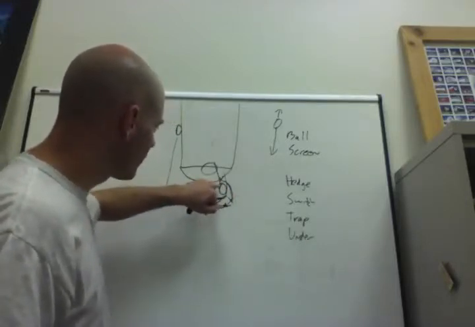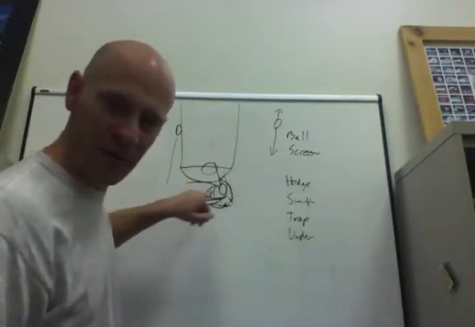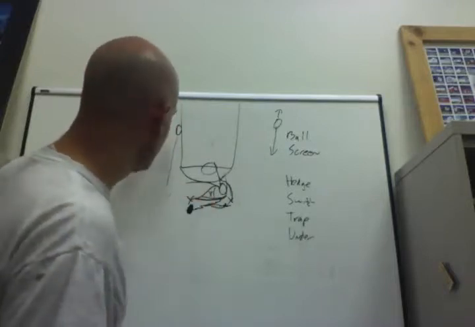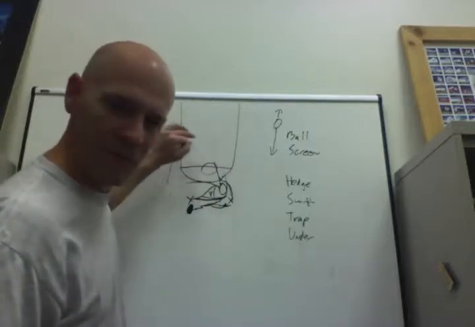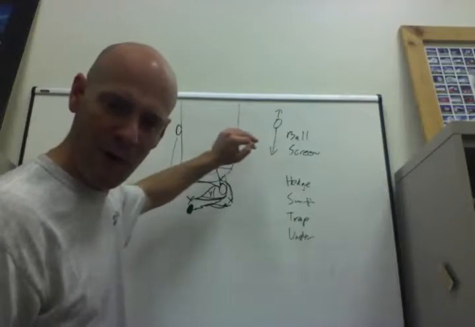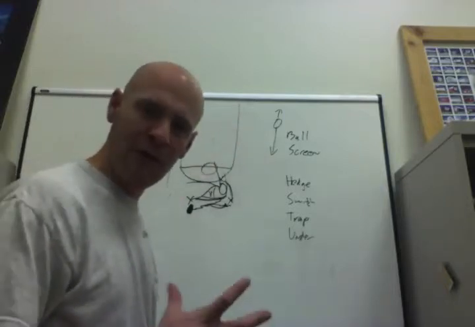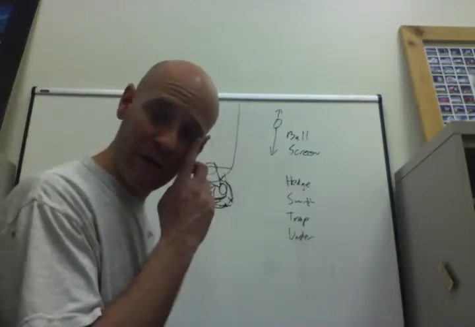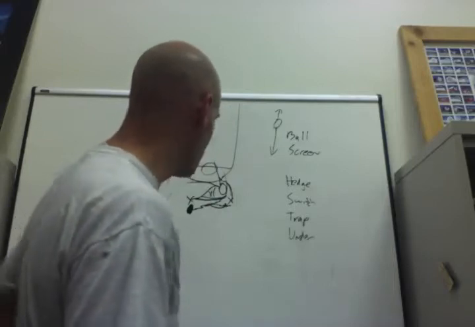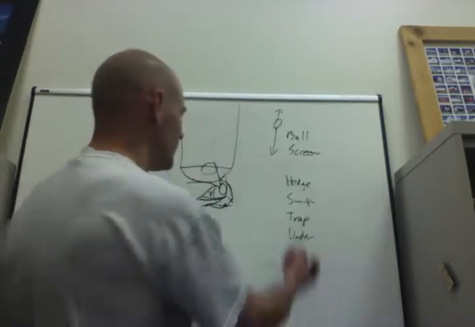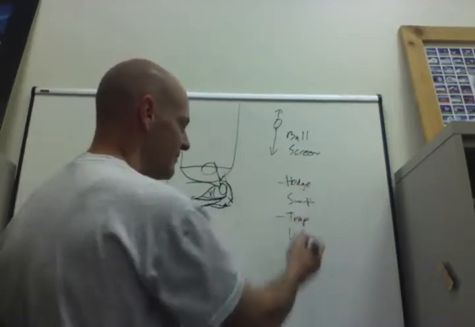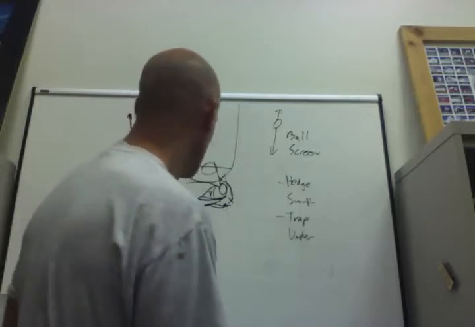Now, if this post stays on the perimeter and slides somewhere after the screen, then we have this person moving in the low post trying to post up and make themselves available as an outlet for the ball in the low post. So similar strategies for the hedge and the trap.